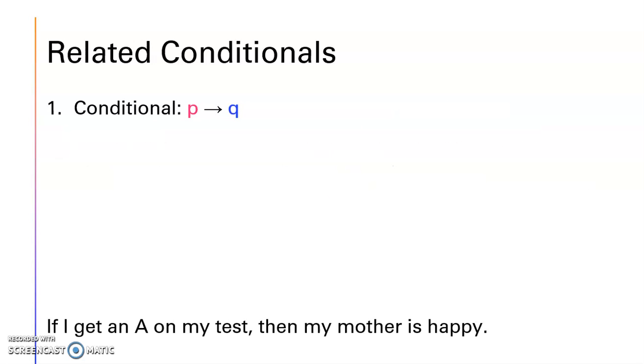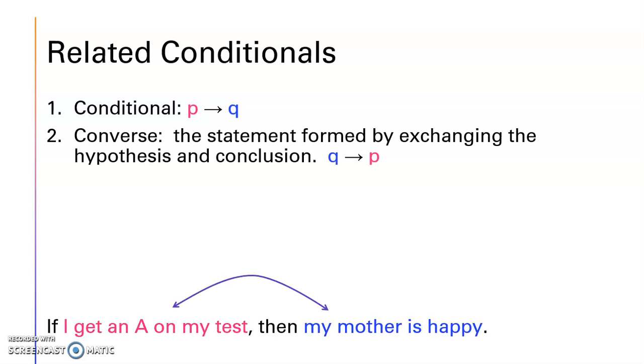Okay, so there are actually 4 different types of related conditional statements. The first type is the original conditional itself. If P, then Q. So for example, if I get an A on my test, then my mother is happy. The next type is a converse.